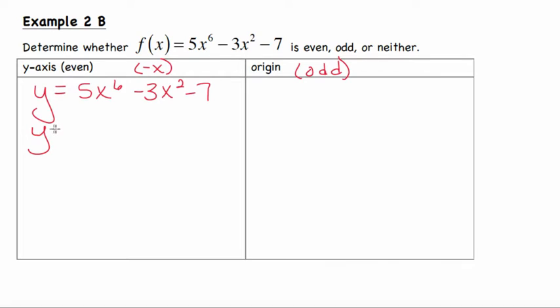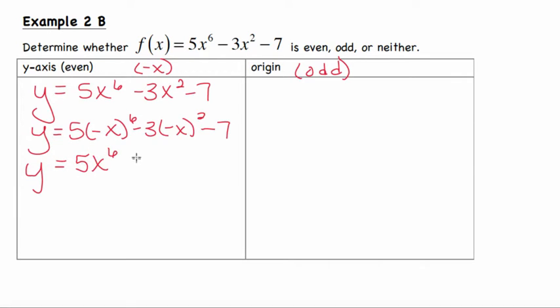And so I get y is equal to 5 times negative x to the 6th minus 3 times negative x squared minus 7. And then that cleans up to positive 5x to the 6th.